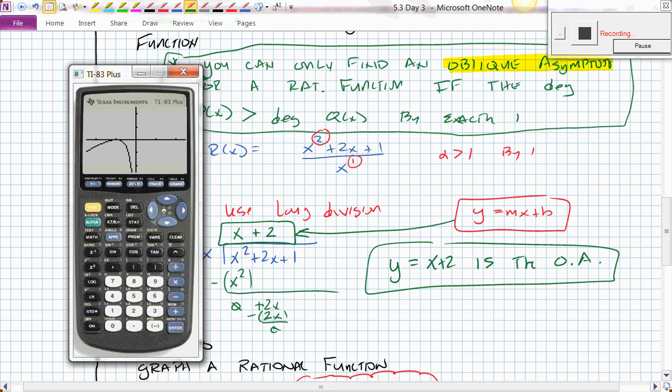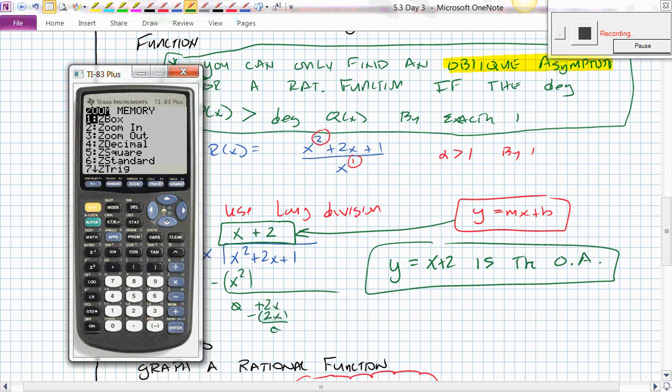Okay, I'm going to hit zoom 6 to get back to the original picture. So I have this graph that's sort of going off in a diagonal direction. There's definitely an oblique asymptote there, and I found the equation of it. It's going to be y equals x plus 2, and I'll prove that by going over here and saying y equals x plus 2, hit graph, and you can see that that asymptote goes right through the center of our graph, cuts it in half kind of, and moves on over.